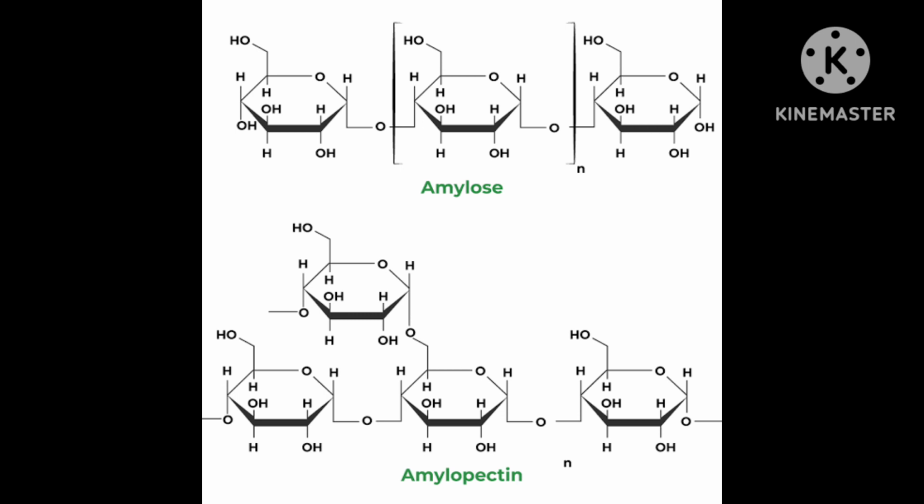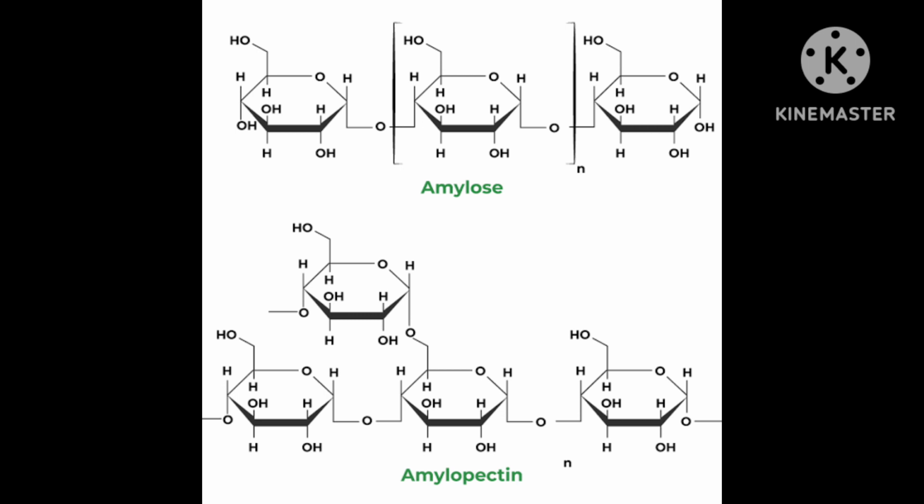Amylopectin is insoluble in water and constitutes about 80 to 85% of starch. It is a branched chain polymer. Amylose was unbranched, but this is branched. Amylopectin is a branched chain polymer of alpha D glucose units, in which the chain is formed by C1-C4 glycosidic linkage.